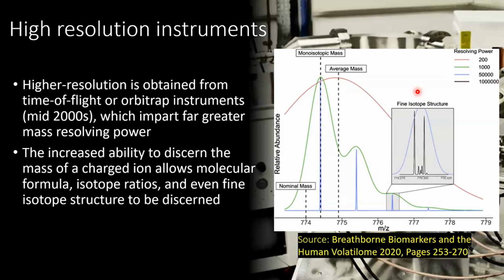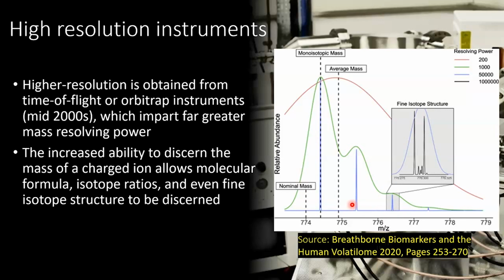As we keep going up into more and more advanced instrumentation, with a resolving power of around 50,000, this broad lumping of isotopes becomes really sharp isotopic peaks. And this is where you can start to get many, many decimal places on the end of your mass to charge ratio.